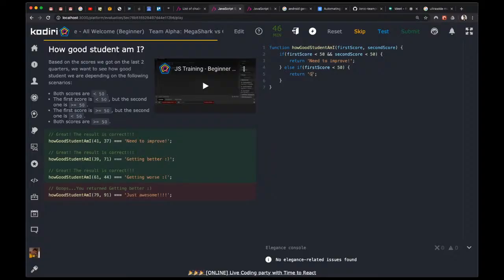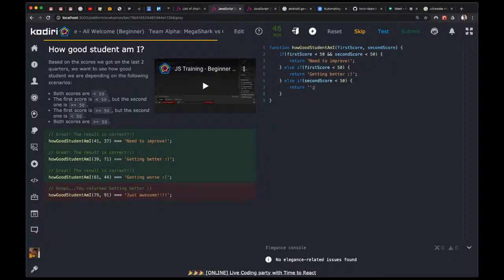And now next step is probably the most complicated one, if it's the other way around. Else, if second score was below 50, then that means that the first one was what? Above or below? Say it again, sorry. Above, yes, because if it was below, once again, it will have been captured by the first one. So what we know implicitly, and that's why it's a bit more complicated to read.